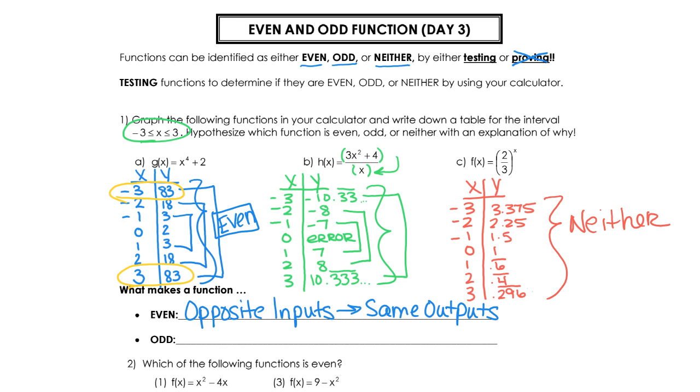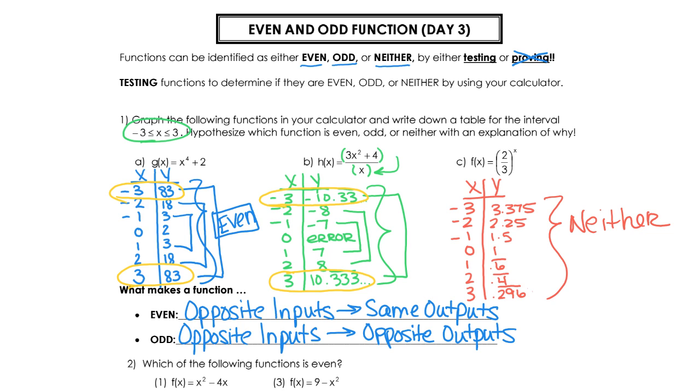So odd is very similar, except it's opposite inputs, but they have opposite outputs. So again, if you take a closer look at, let's say, -3 and 3, those are opposite inputs, but they give you opposite outputs, -10.33 repeating and +10.33 repeating.